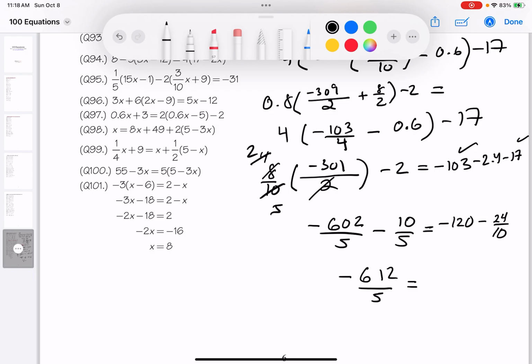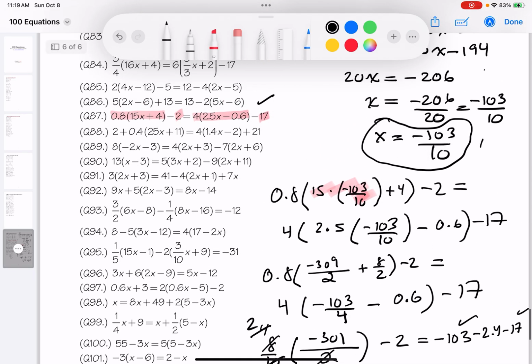Well, you know what? I want to write the other side in terms of 5s too. And let's see. 5 times 120 is 600. Minus, well, let's see. If I divide by 2, that would be 12, right? Wow, it worked beautifully. Minus 612 is minus 612.